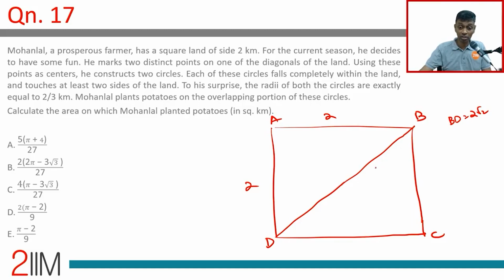Each of these circles falls completely within the land and touches 2 sides, and the radii are exactly 2/3 of a kilometer. So some center somewhere here. This is 2/3, this is 2/3. So we are drawing a circle like this.